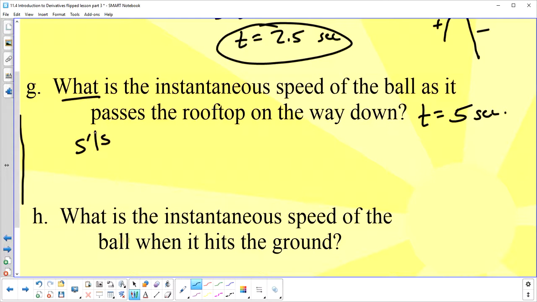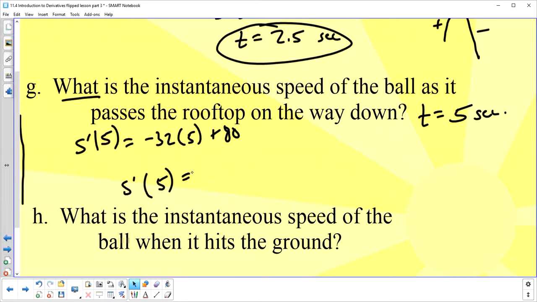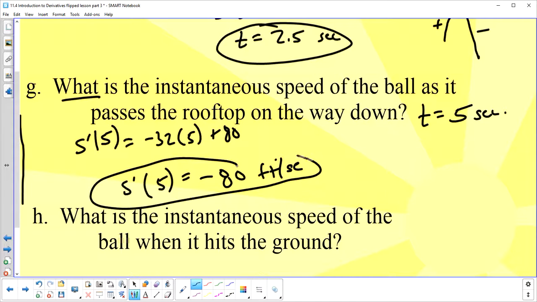So really we're looking for s prime of 5, which means negative 32 times 5 plus 80, and if I simplify that it is going to give us negative 80 feet per second, which makes sense because we're coming down and should be negative.